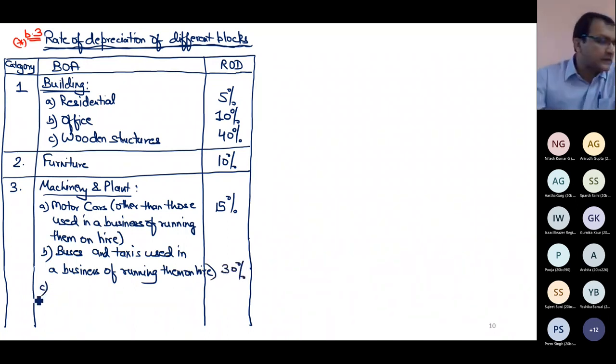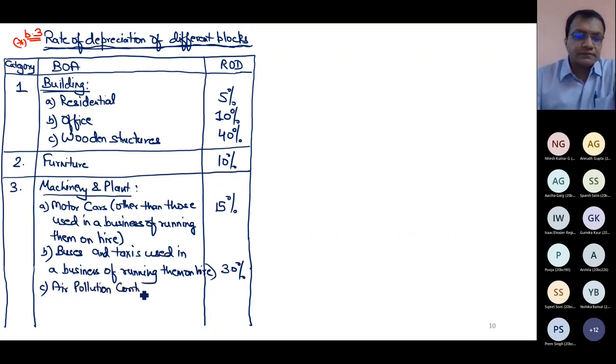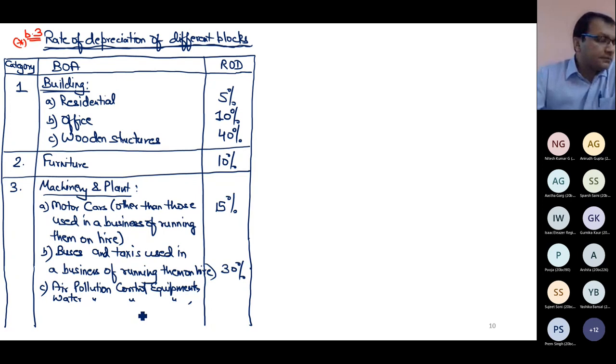Pollution control equipments, such things. Life-saving equipments, air pollution control equipments, water pollution control equipments, computers.